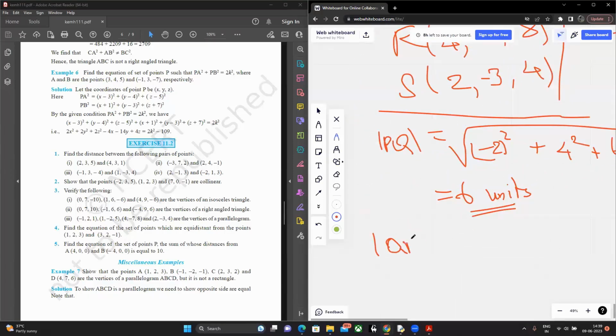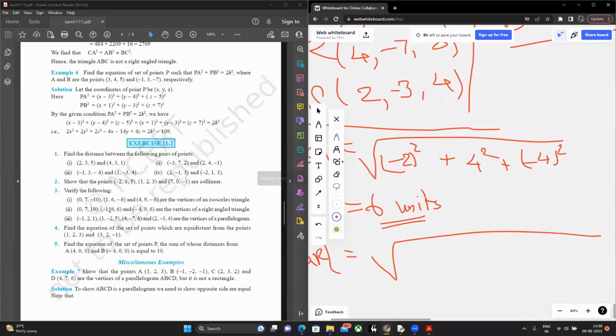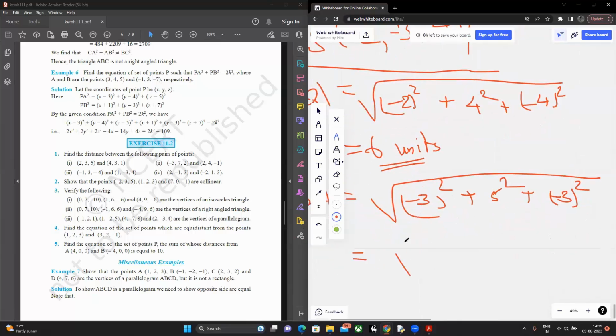Then you have mod QR, which is going to be square root of 1 minus 4, that's going to be minus 3 squared, plus minus 2 minus 7, that is going to be 5 squared, plus 5 minus 8, that's again going to be minus 3 squared, which is basically square root of 43 units, because it's 25 plus 18, that's 43.